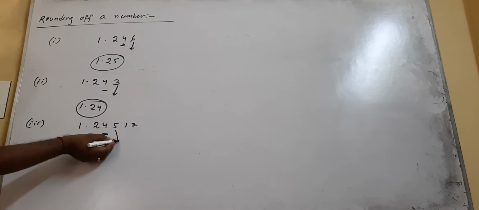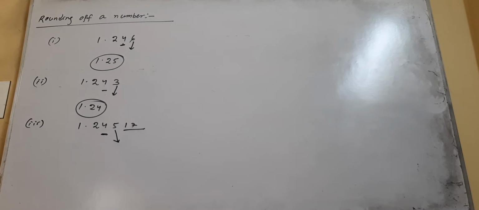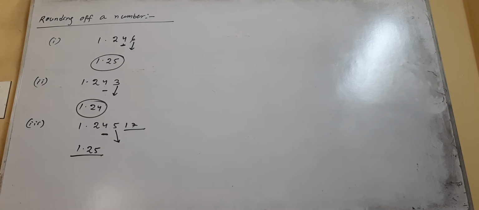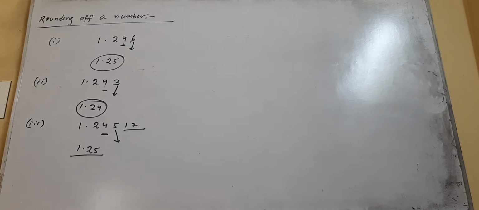Here the digit to be dropped is 5 and you see it is followed by another 2 non-zero digits. So then the preceding digit will be increased by 1. That means 1.25. If the digit to be dropped is 5 and followed by some non-zero digits, then the preceding digit will be increased by 1.